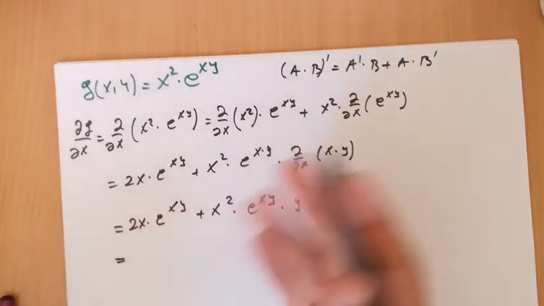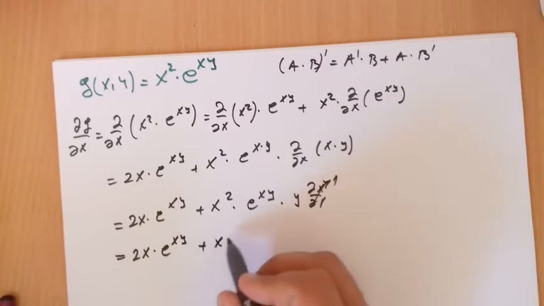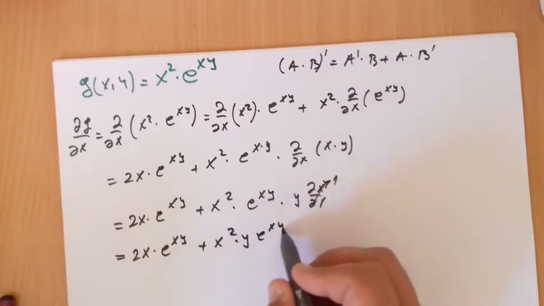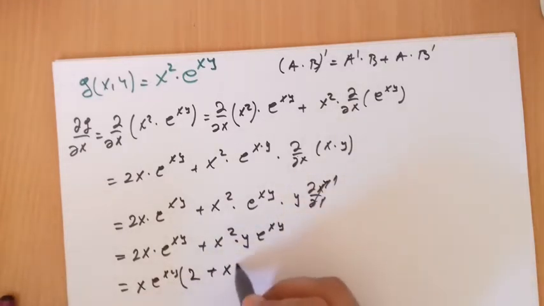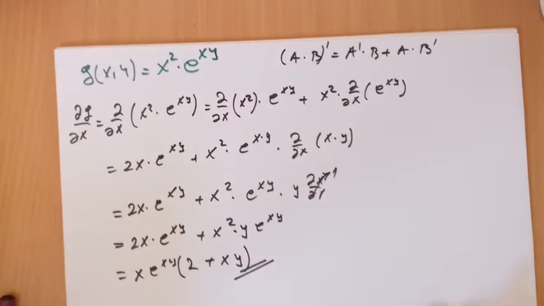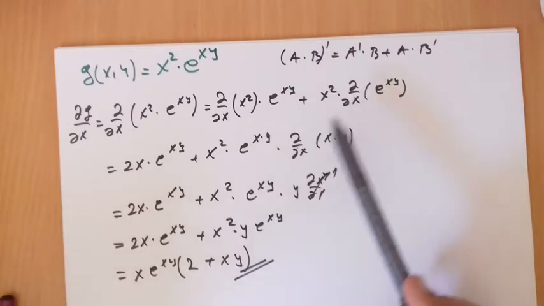In the end we have 2x times e to the xy plus x squared times y e to the xy. So we have x e to the xy times 2 plus x times y. So this is the partial of g partial of x. I hope you understand this one here. So partial of x.